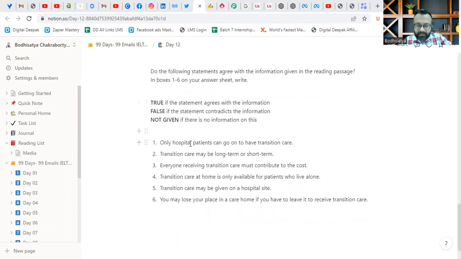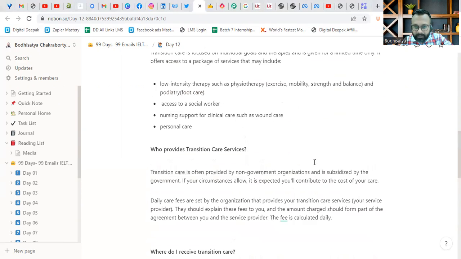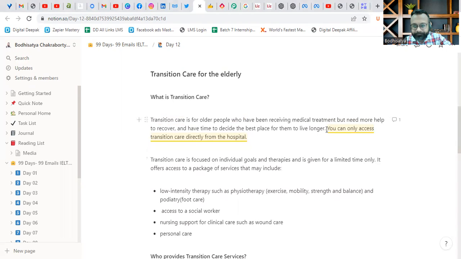So the first question here is: only hospital patients can go on to have transition care. Where do we find this answer? Let us go ahead and have a look. As we can see in the first paragraph itself, you can only access transition care directly from the hospital.